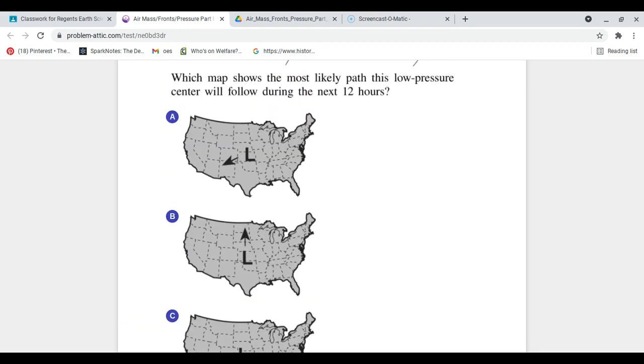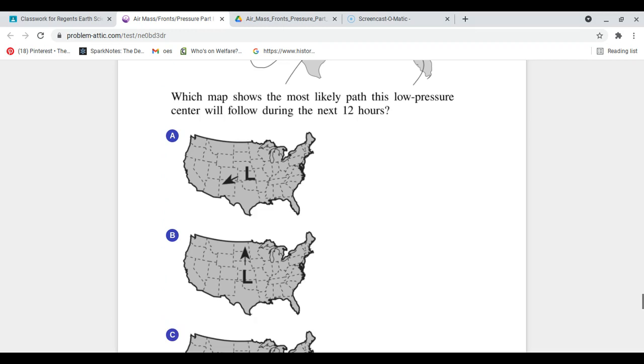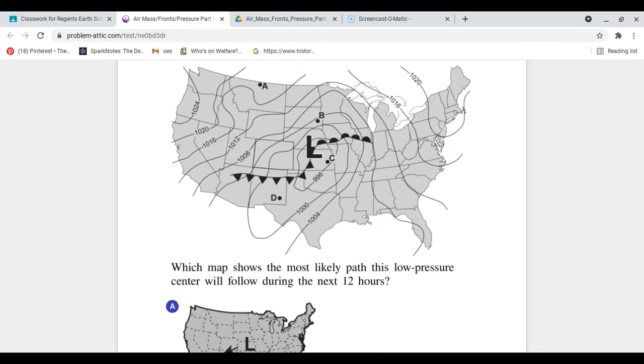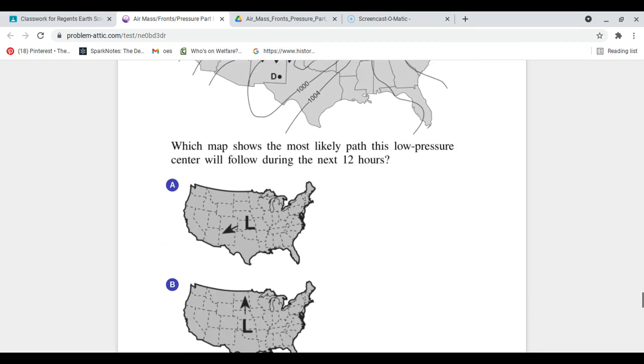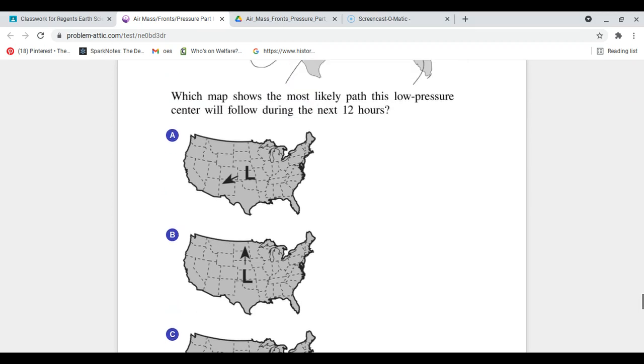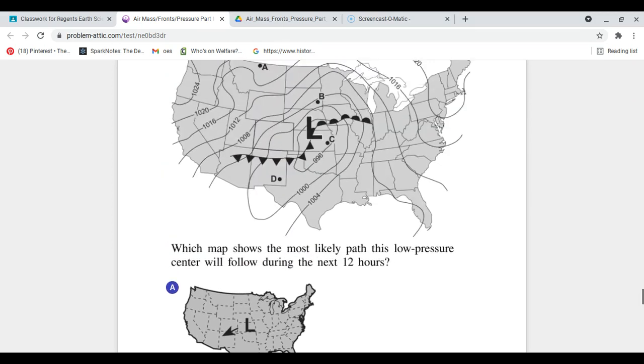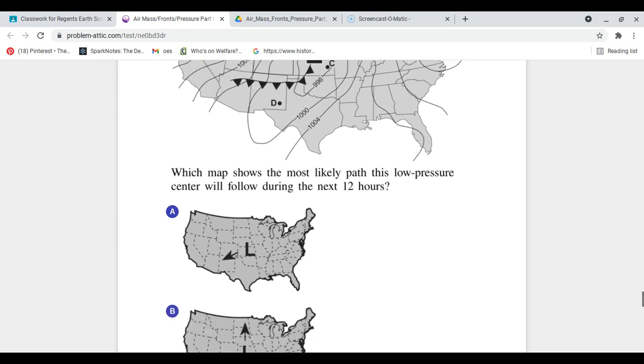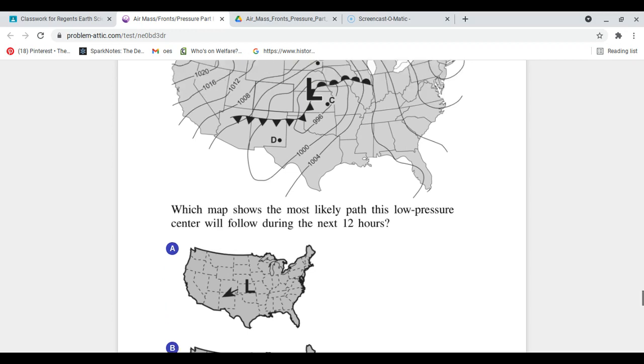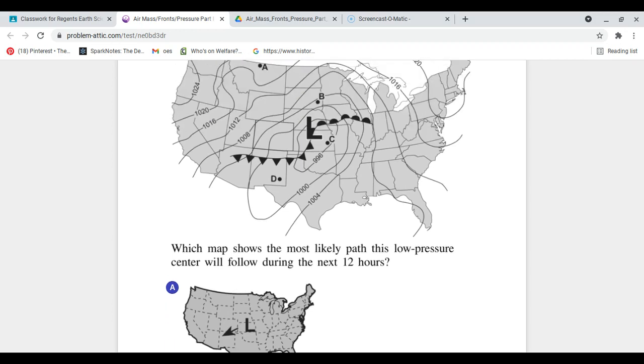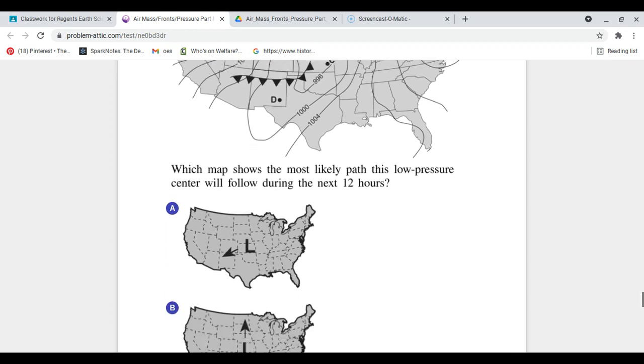What two can we get rid of? C and D. Low pressure system. Do your best on that one.